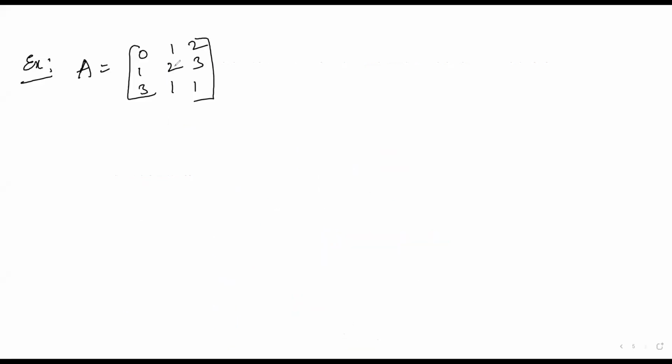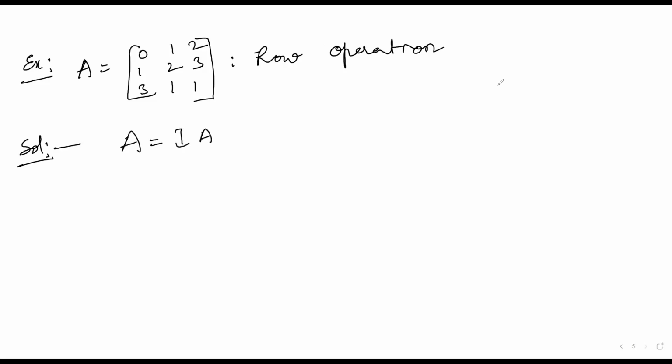So now we apply row operation. First we see this example with row operation. When we do row operation, what is the condition? First you write the matrix equation. A is always equal to IA. Like in real numbers, 1 into A. This A we are making 1.